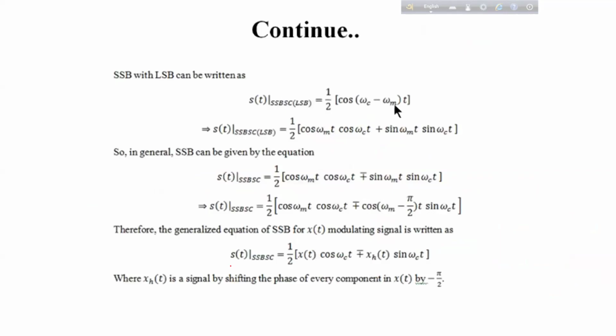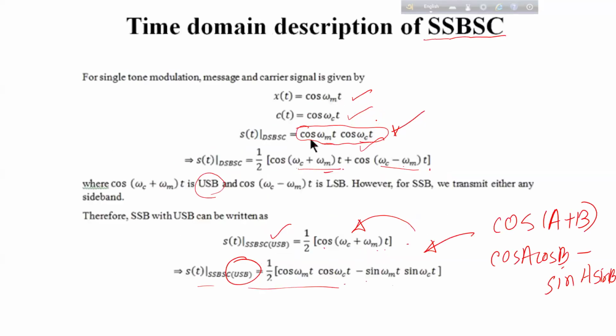Similarly, we can write for the lower sideband: half cos omega c minus omega m t. Simplifying further, half cos omega mt cos omega ct plus sin omega mt sin omega ct. Now, in general, SSB can be given by one equation. When we are getting LSB, there is a plus sign. When we are taking USB, there is a minus sign.